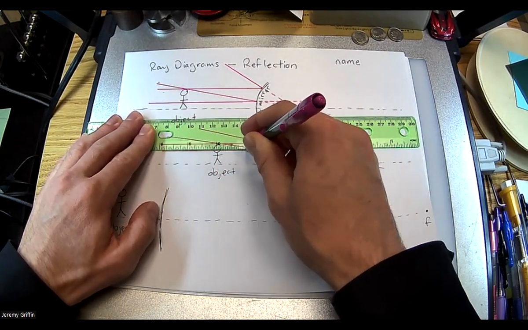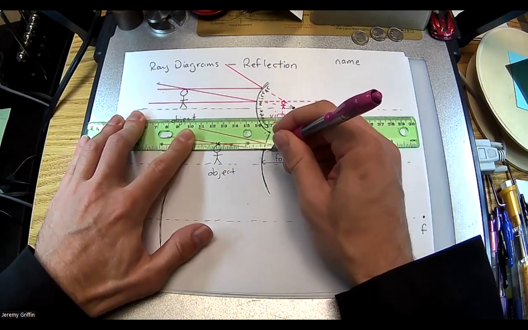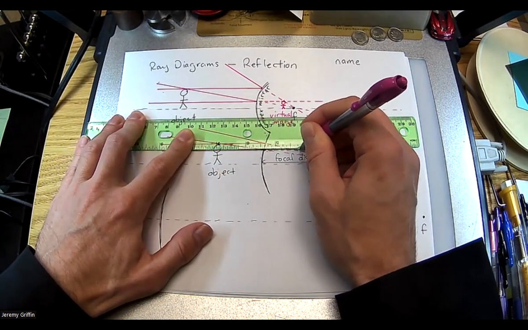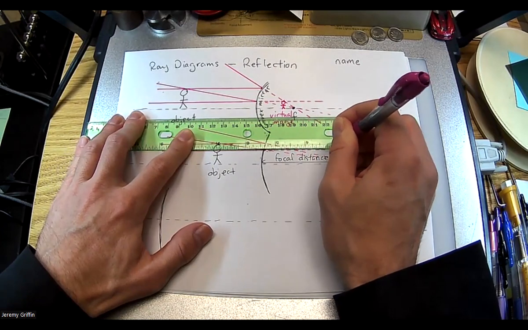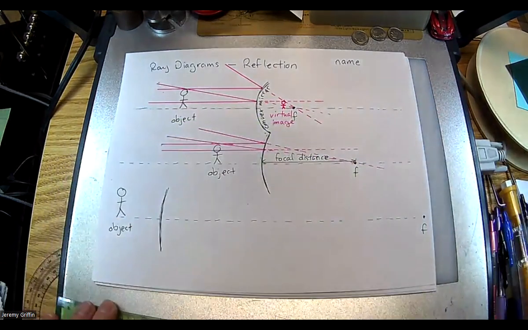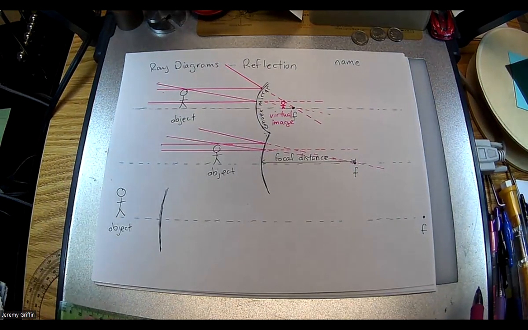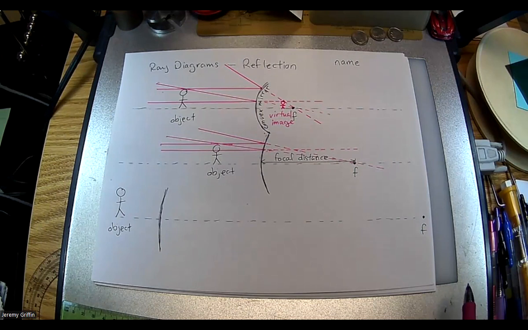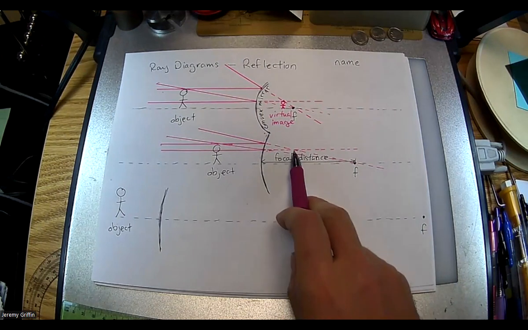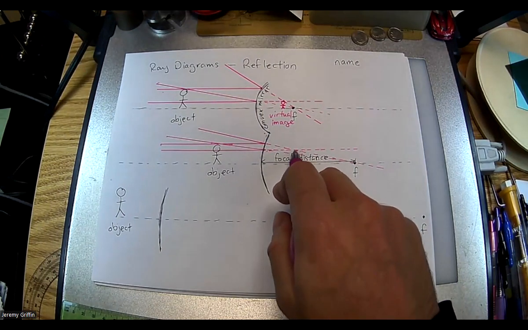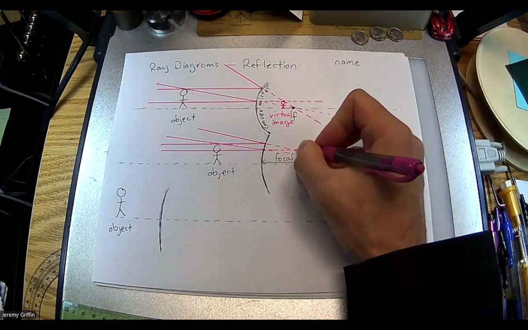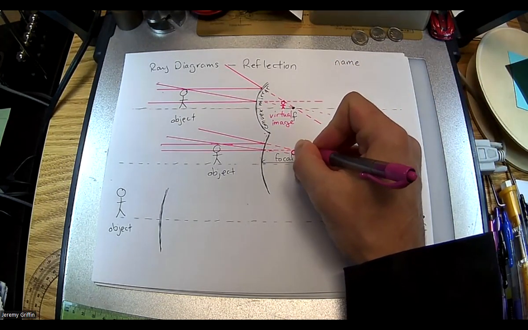And again, before you move your ruler, go ahead and extrapolate back to the right. It looks like that ray of light came from this direction right here. And look where those 2 extrapolated rays cross behind the mirrored surface. That's going to be the top of his head for the reflection.